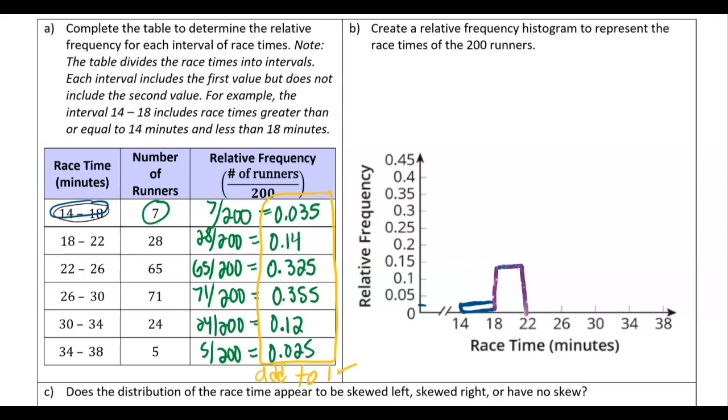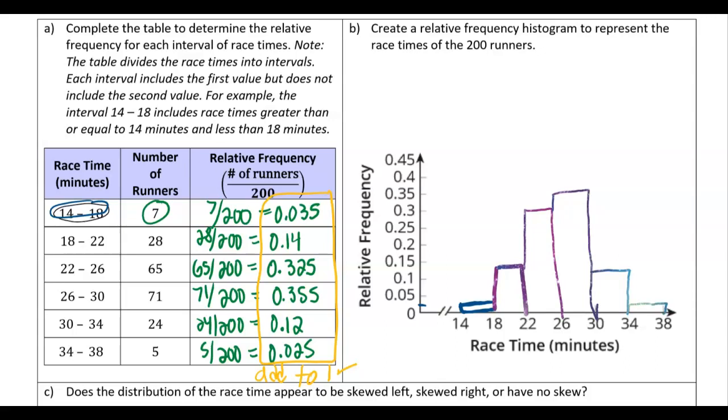Then from 22 to 26, we are at 0.325, so right up here, halfway. From 26 to 30 minutes, we're at 0.355, so a little above that, here we go. From 30 to 34, we're down to 0.12, so we're down here. And then from 34 to 38, we're at 0.025, so a little bit lower.